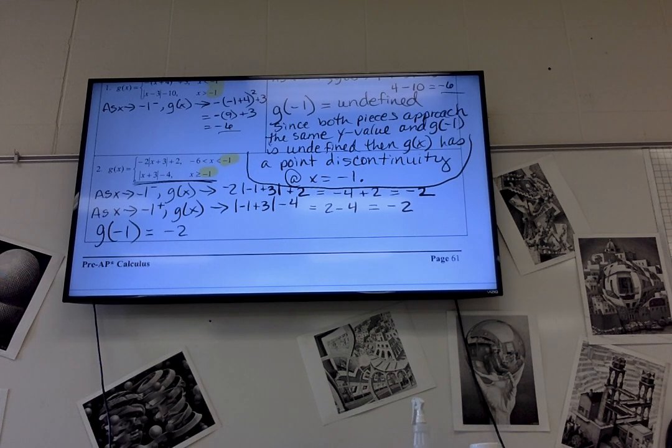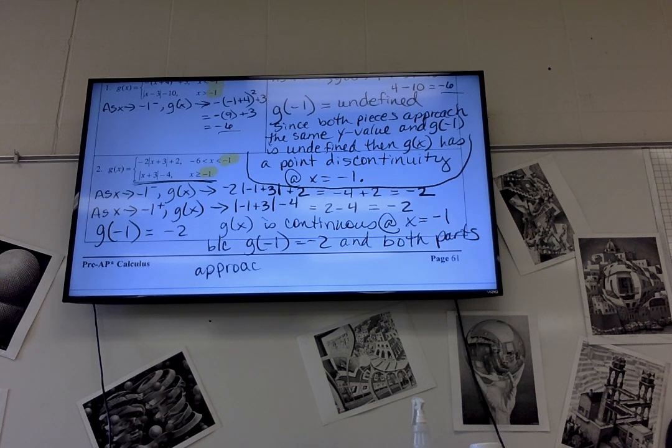So g of x is continuous at x equals -1 because g of -1 equals -2 and both parts approach the same y value, which is -2. We've had one of each.